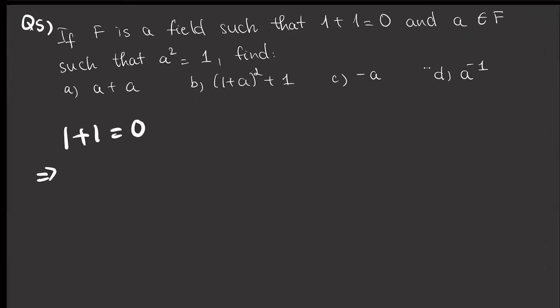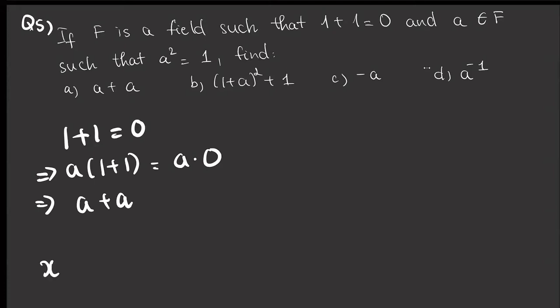Yes, so we can multiply A on both sides, right? And in this step, how do we break it out? Yes, distributivity, right? So we have x times (y plus z) equal to x times y plus x times z, because a field has distributivity.